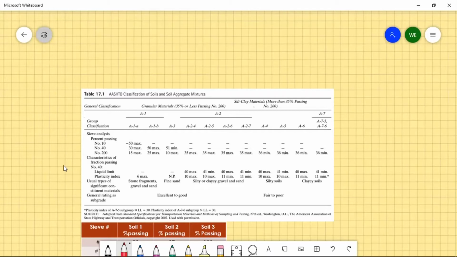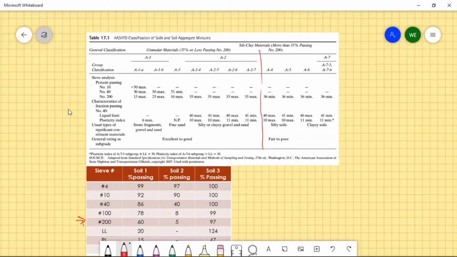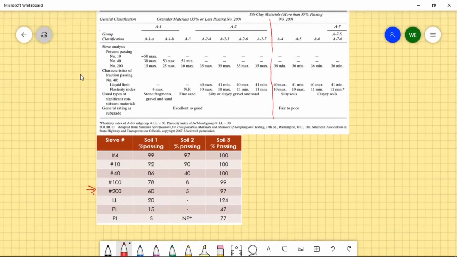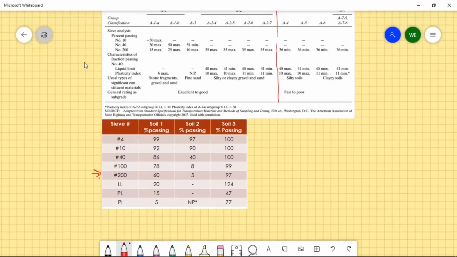So that's basically the cutoff of sieve number 200. Based on this, only soil number 2 is in category A, so that one is A1 or A2. But for soil 3, it's A4 and goes all the way to A7, and also for soil number 1.